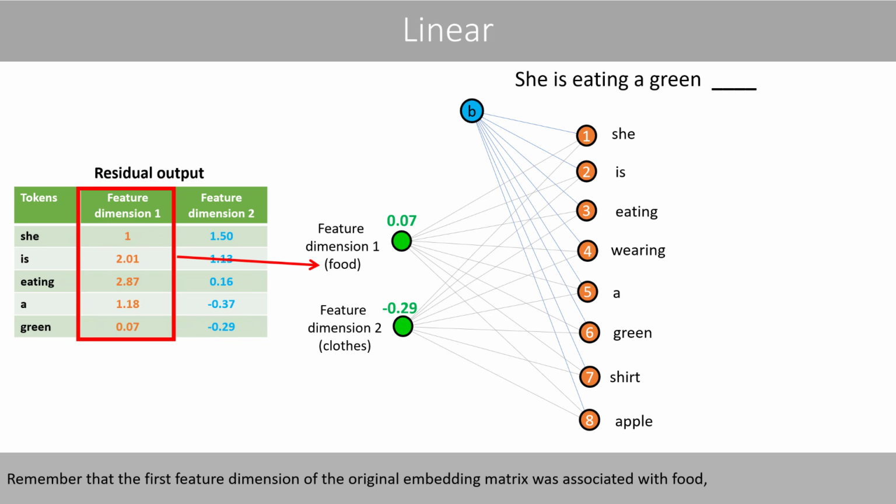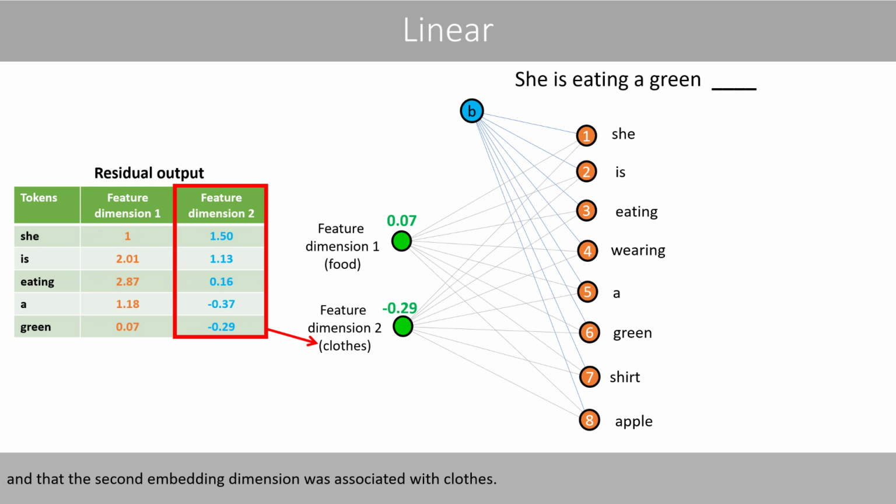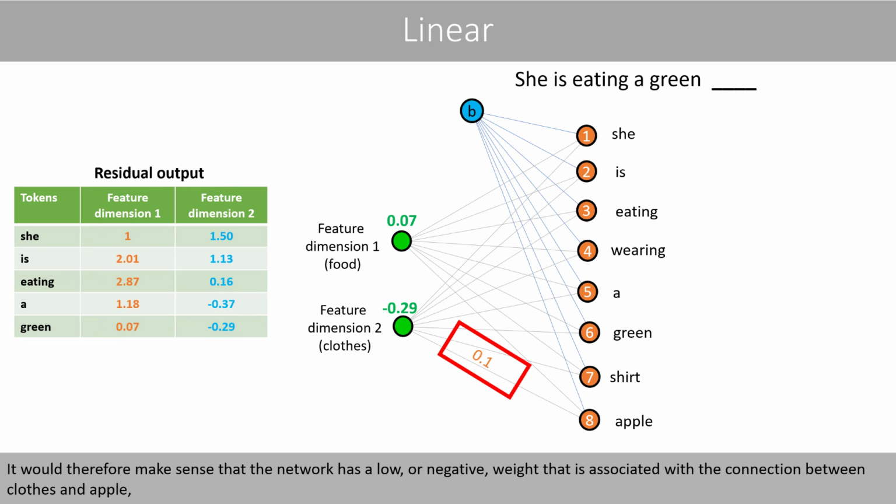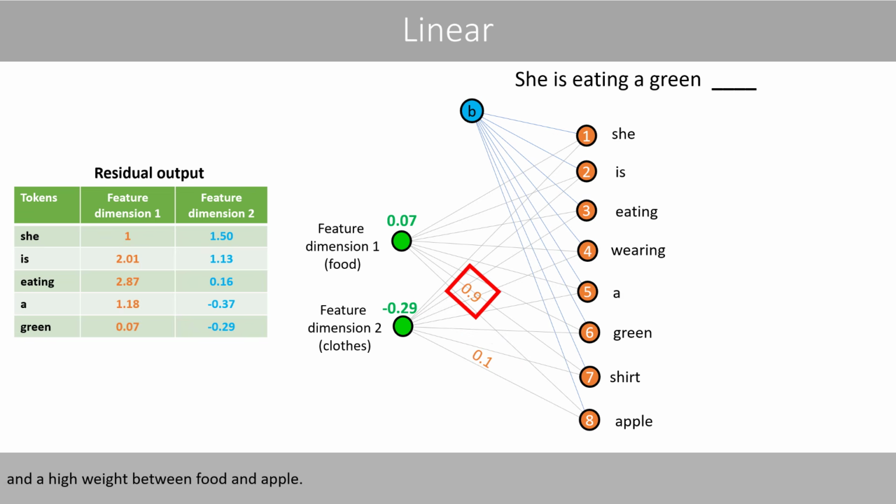Remember that the first feature dimension of the original embedding matrix was associated with food, and that the second embedding dimension was associated with clothes. It would therefore make sense that the network has a low or negative weight that is associated with the connection between clothes and apple, and a high weight between food and apple.